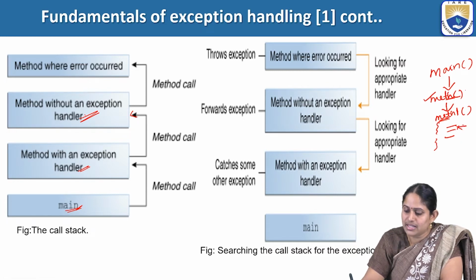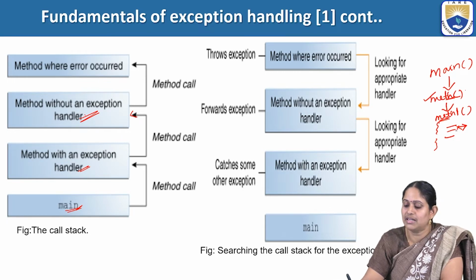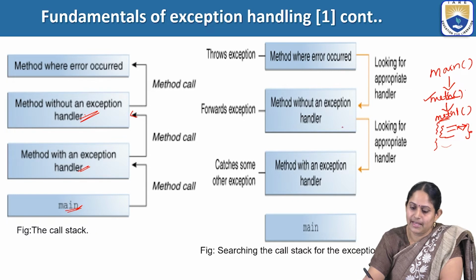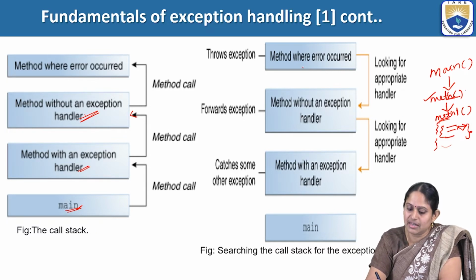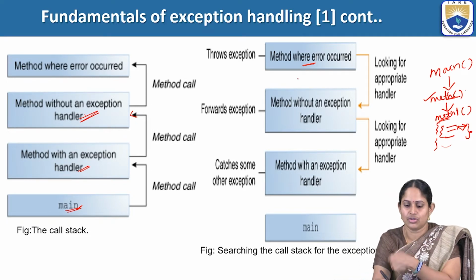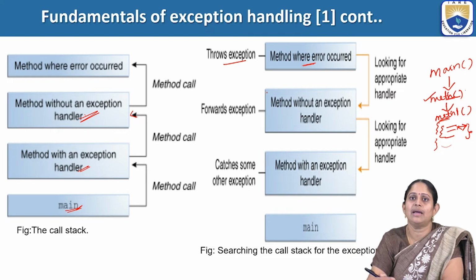So at this point, the exception object will be thrown. What will happen? The runtime will check whether there is any handling mechanism present inside this method meth1. Whenever an exception is created, it is thrown, and the method will look for the appropriate handler.